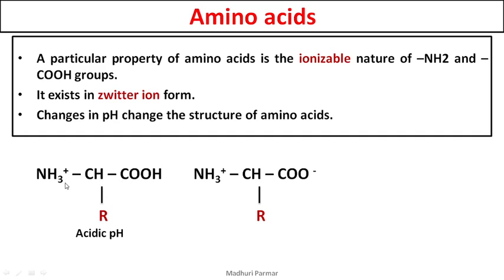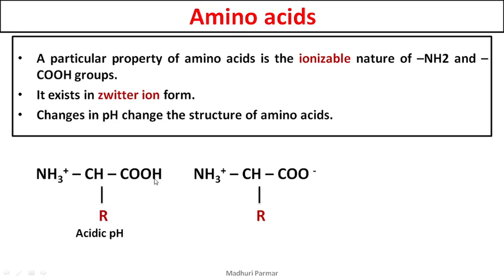Clear? And on the other hand, the amino group will take up a proton because there are a lot of protons in the acidic solution. So it will take this one proton and become NH3 plus. So in acidic pH, when there are many H plus outside, the amino acid will take up that H plus.